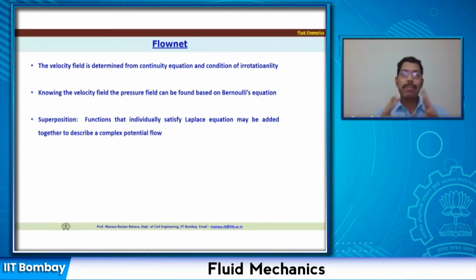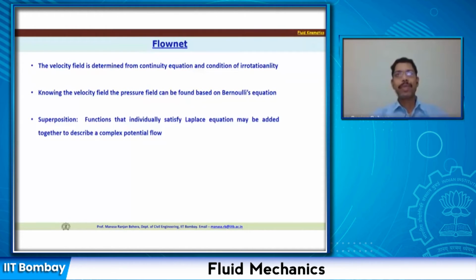The next property is a very important property, the property of superposition. It says the functions that individually satisfy the Laplace equation may be added together to describe a complex flow problem. Let us say I have a domain which is slightly complex, and I can divide the flow domain into different domains.